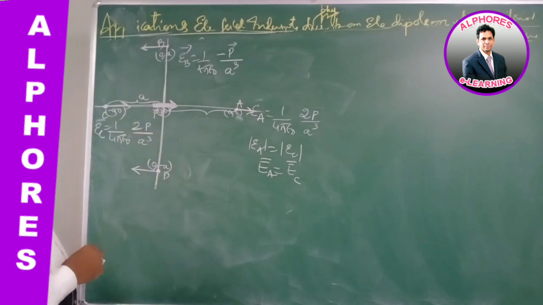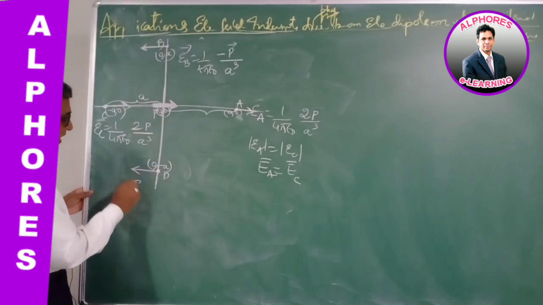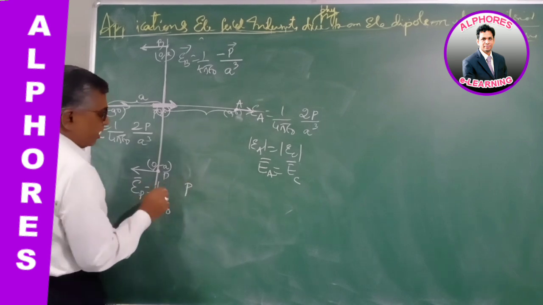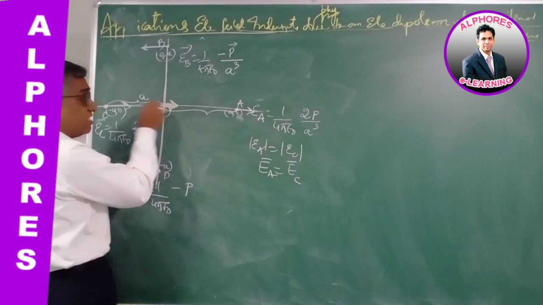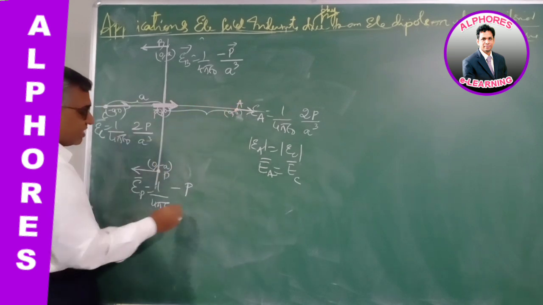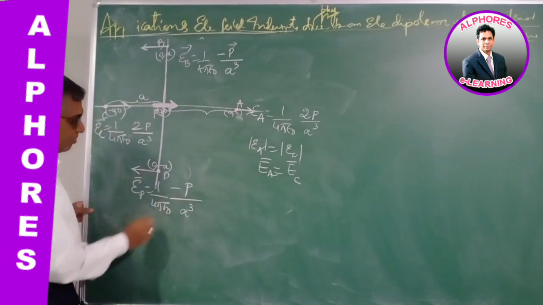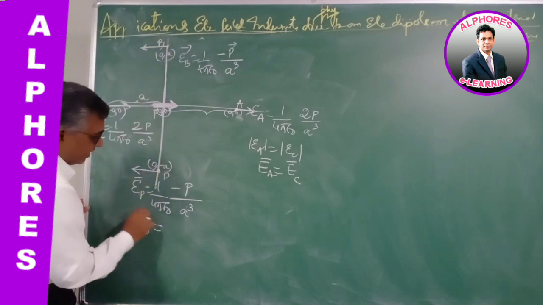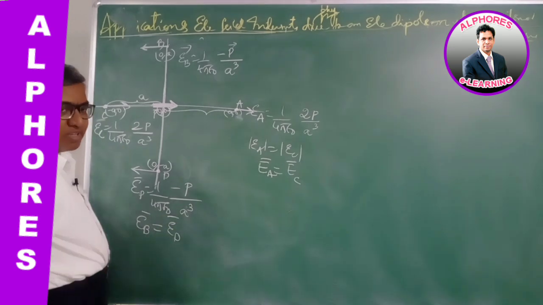So here also ED is 1 by 4 pi epsilon naught P, opposite, because the dipole moment is towards the positive x-axis, this is towards the negative x-axis, by a cubed. So comparing these both, EB vector is equal to ED vector.